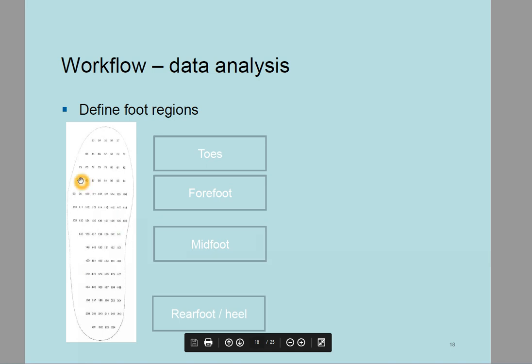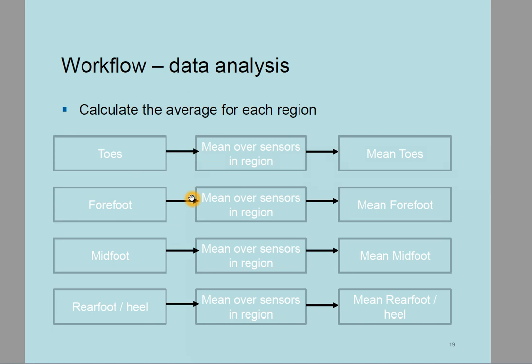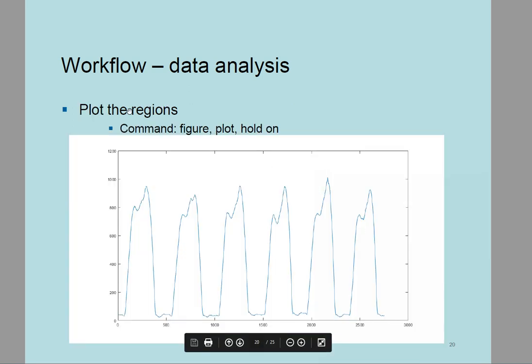You see the sensor numbers in there, and then you have to define the sensor numbers for the specific region. And then we have the amount n of sensors for the toes region, and we build the mean over the sensors in this region and end up with a mean toes, mean forefoot, mean midfoot, and mean rear foot or heel. I think this is pretty clear.